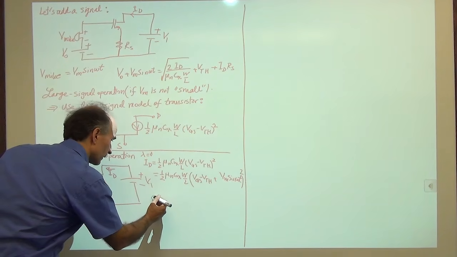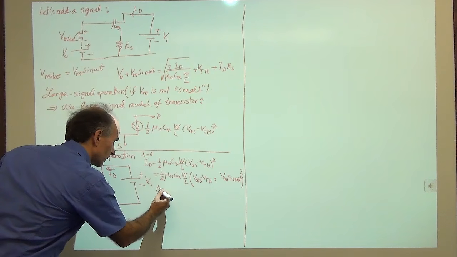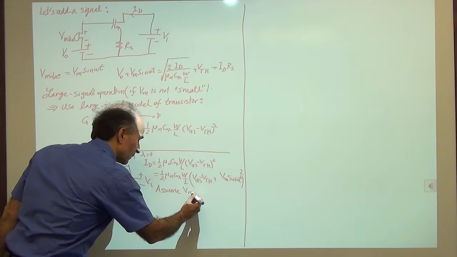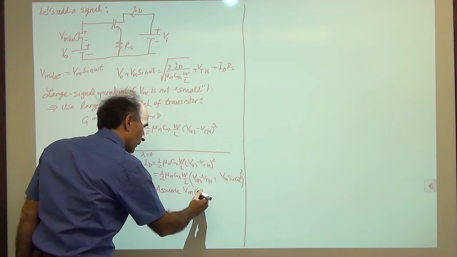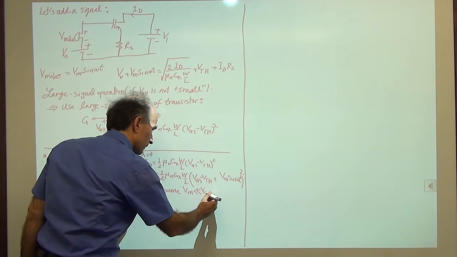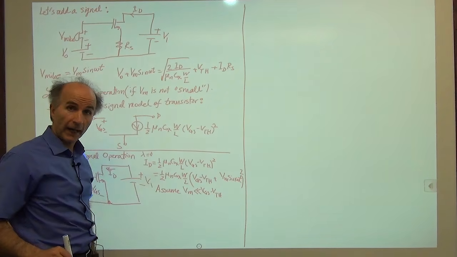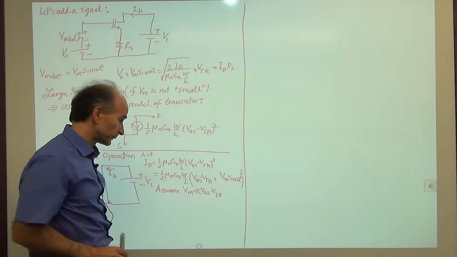Okay, so we will write this. So we say, assume Vm is much less than VGS minus VTH. And that tells us now what we mean by small.